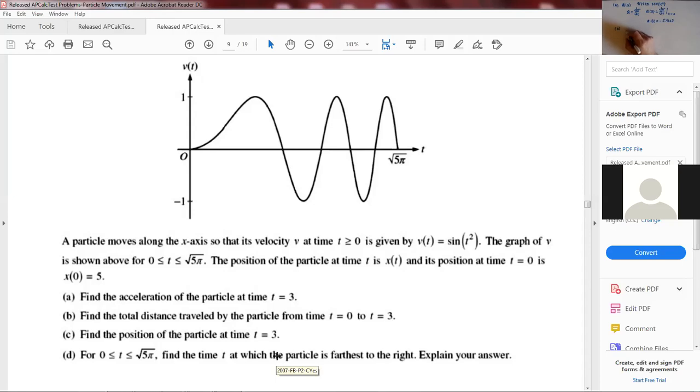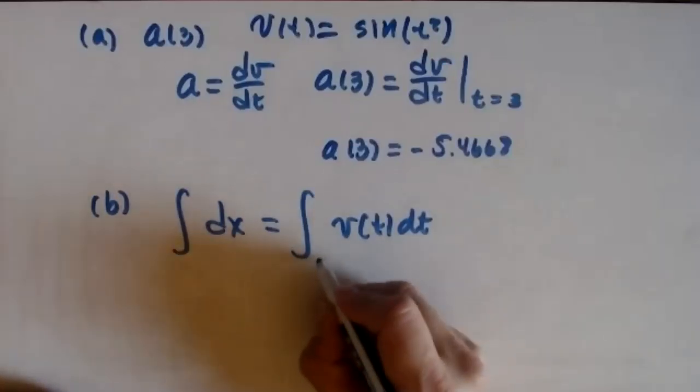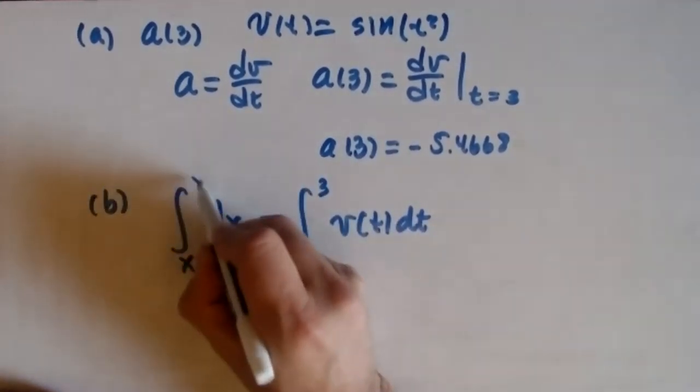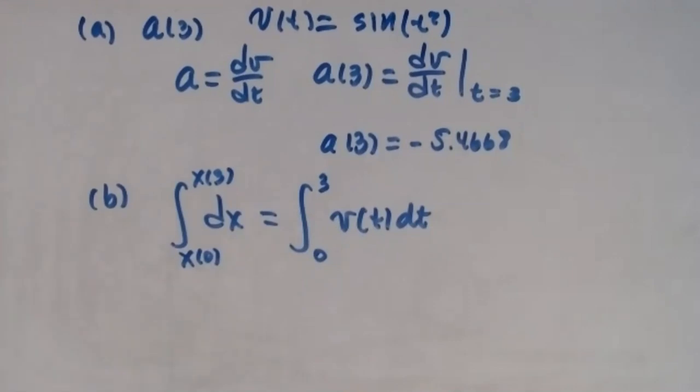Very good. So just remember, this is the point. So it's from 0 to 3, x(0) to x(3). This is the formula you have to put on your paper.